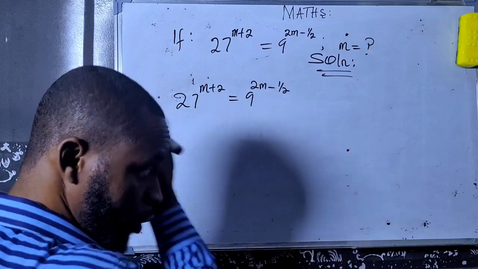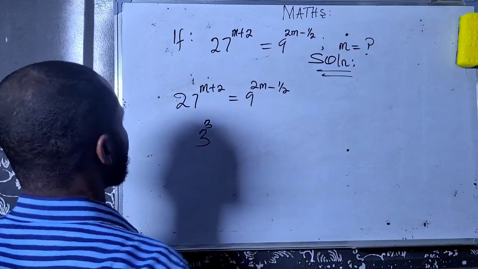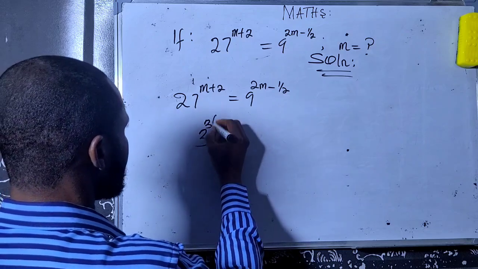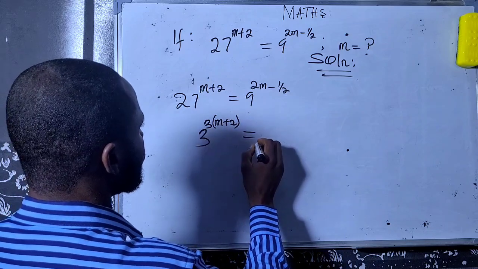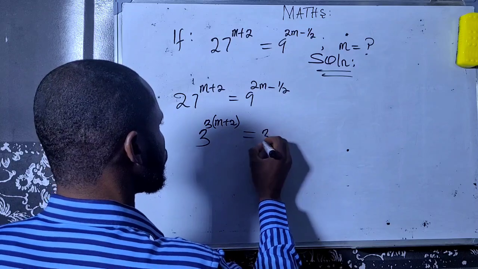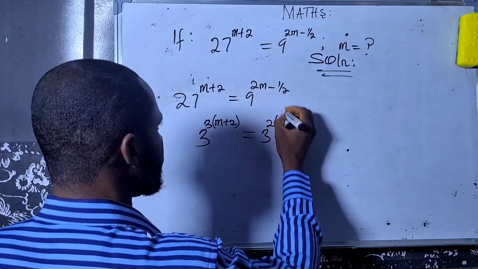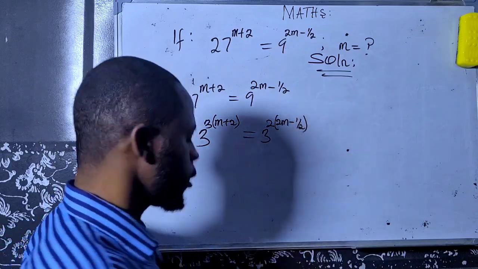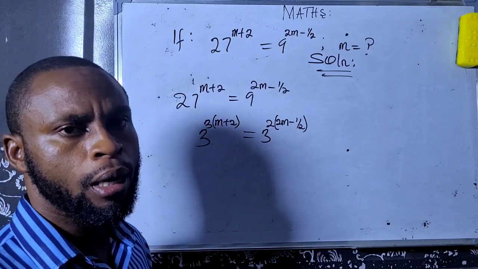Then in that case, the equation becomes 3 to the power of 3, to give us 27, multiplied by the already existing power of m plus 2, and 9 in base 3 gives us 3 to the power of 2, multiplied by the already existing power of 2m minus 1 over 2. Here now, since the bases are the same, we are going to equate the powers.